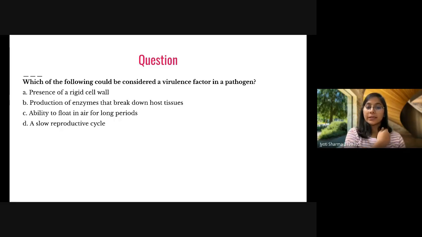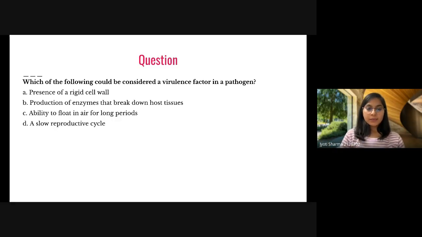What are the reasons it can give you the disease? They have some advantages, and those advantages come under the virulence factors they have. So you have to tell which one is considered a virulence factor. What does the pathogen have that gives it the advantage to cause infection?